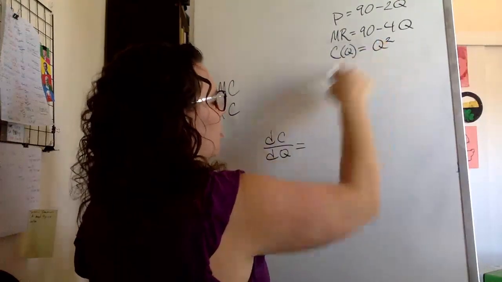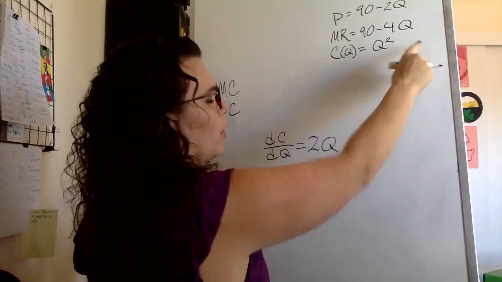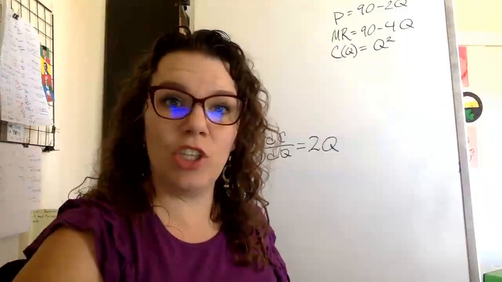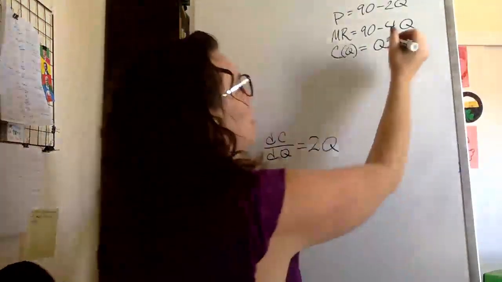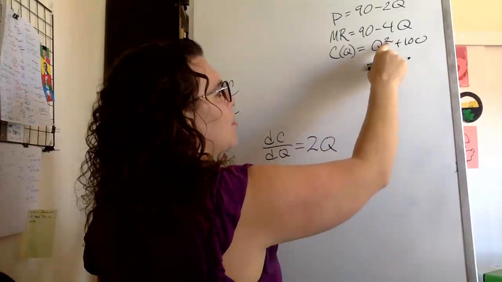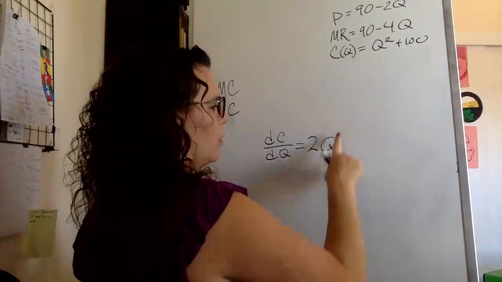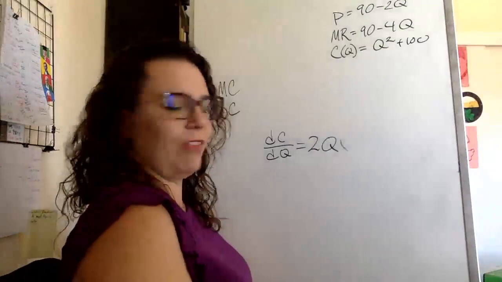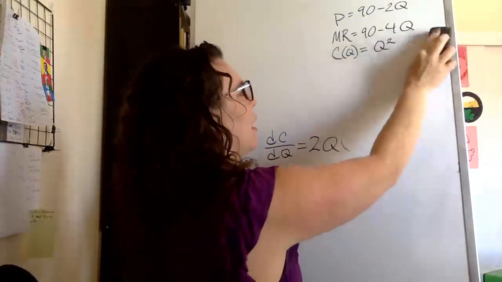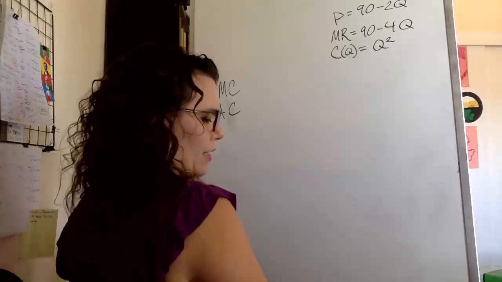We keep any component that has a Q. Anything that doesn't have a Q falls away. So if this had been plus 100, that would have fallen away. And then we reduce the exponent by 1, so it's down to 1. So we're just left with 2Q. Hopefully that's a little bit helpful. If it's not, don't worry about it, but it's a really easy way to generate that marginal cost curve, and it is given in the problem.